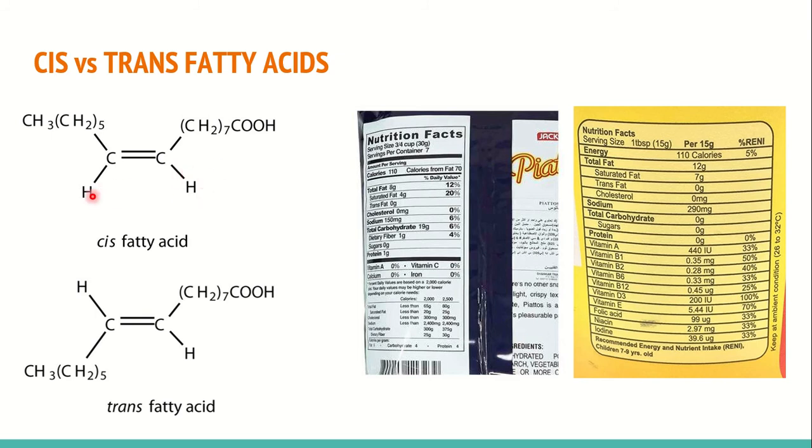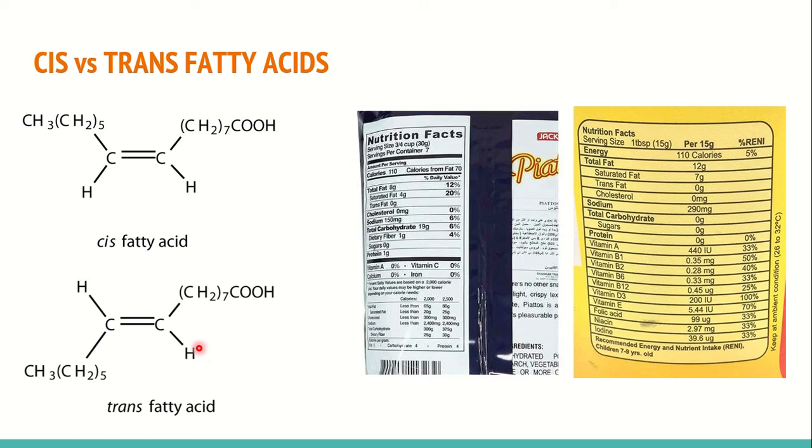Makikita sila on the same side. That will be your cis fatty acid. Yung trans fatty acid, magkaiba sila ng position. They are not attached on the same side. Yun yung tinatawag na trans fatty acid.